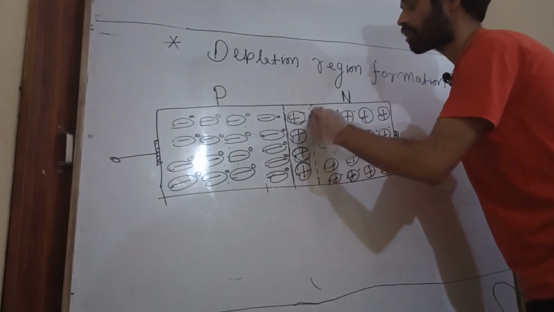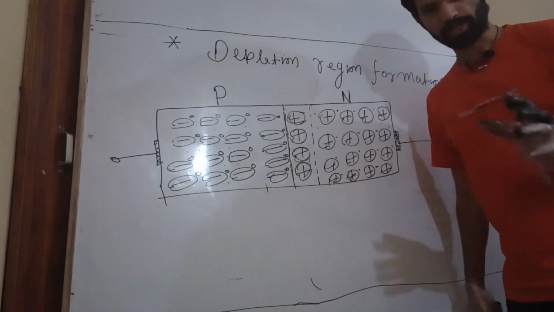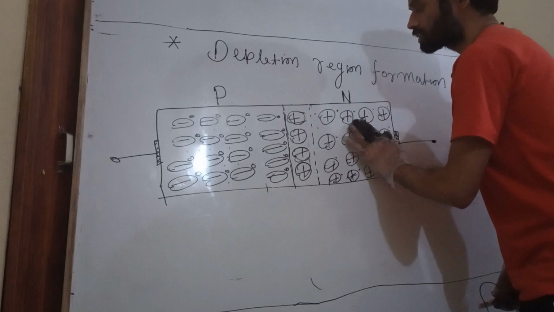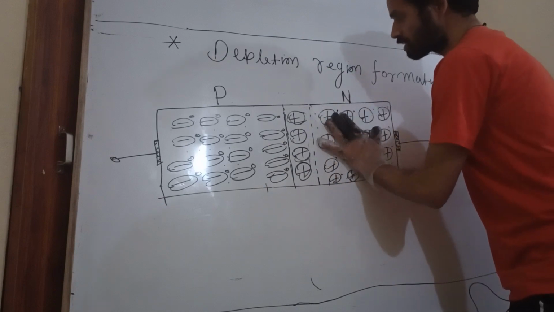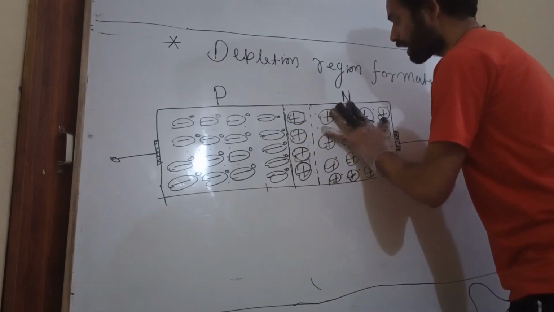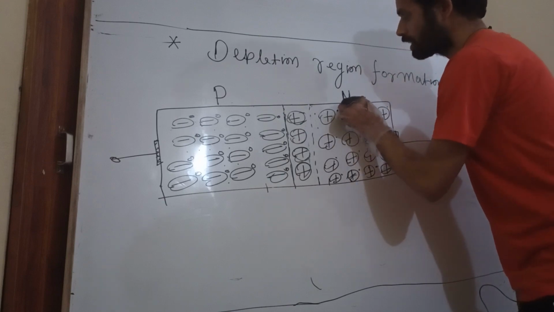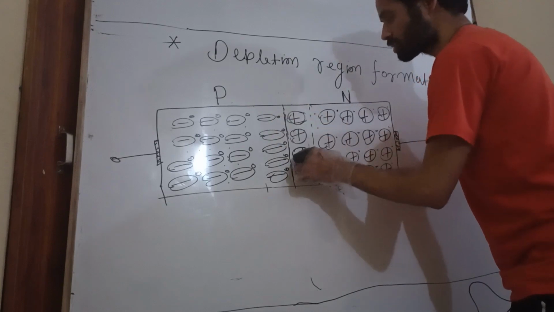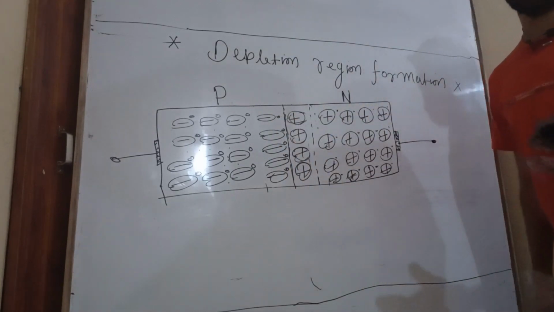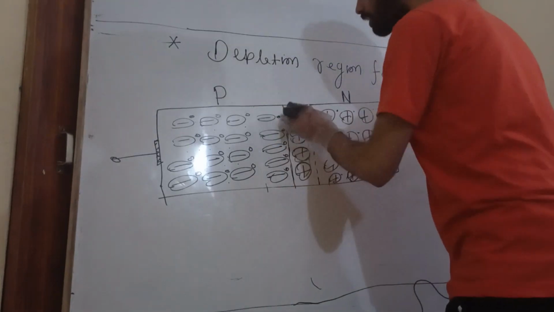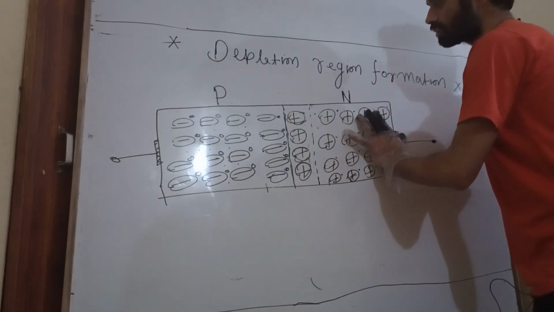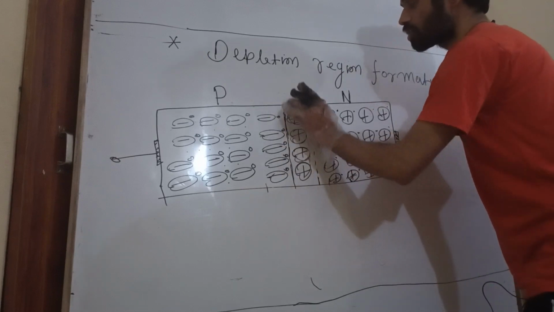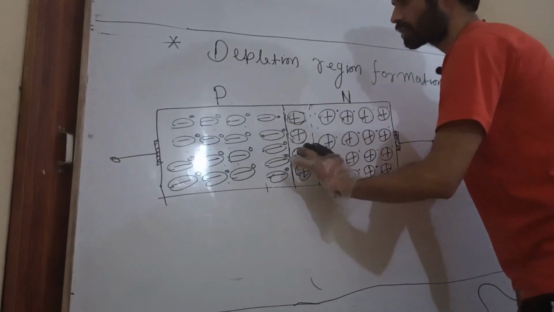They are uncovered charge, or immobile ions. Therefore, in the n region there is a portion near the junction which is uncovered. So in the n side there is some region closer to the junction which is uncovered.